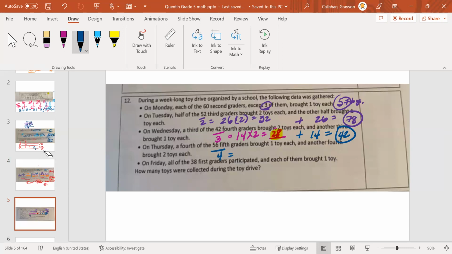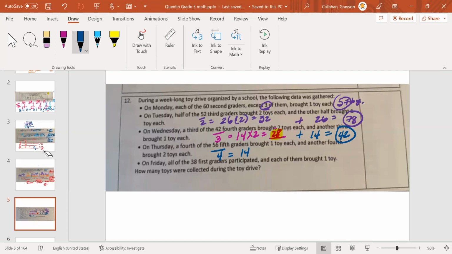Thursday, a fourth of 56 fifth graders. So what's 56 divided by 4? Because there's a fourth, so it's divided by 4. Okay.